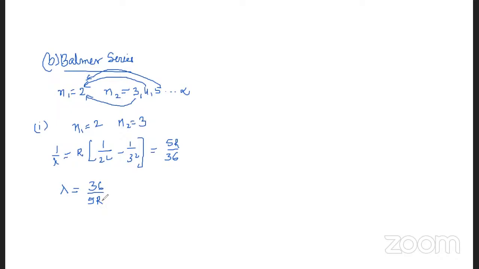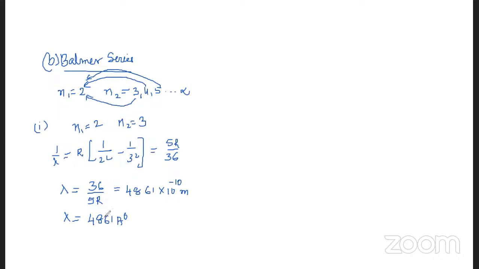By substituting the R value, the Rydberg constant, 1.097 into 10 to the power of 7, we get the wavelength as 4861 into 10 to the power of minus 10 meters. Otherwise, we can say lambda equals 4861 angstroms.